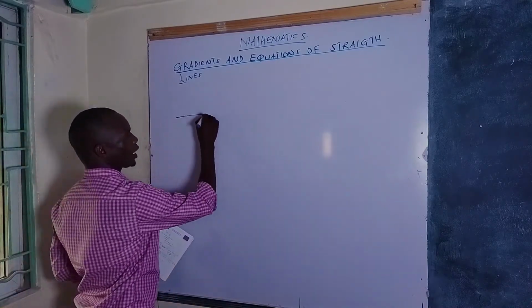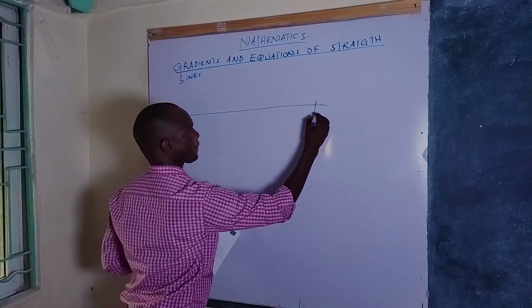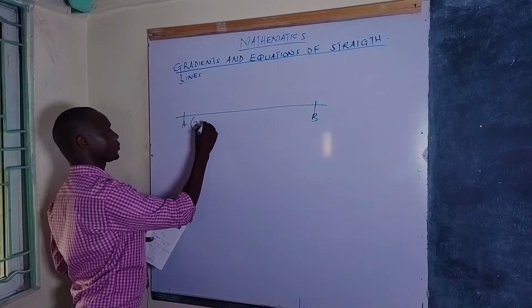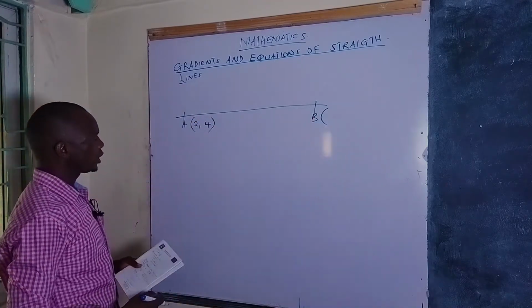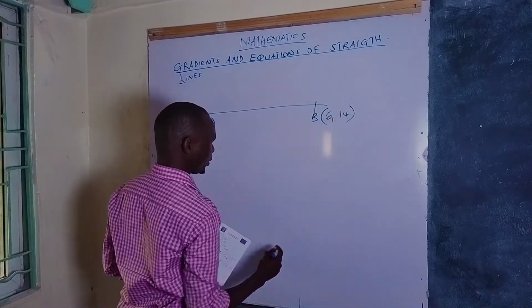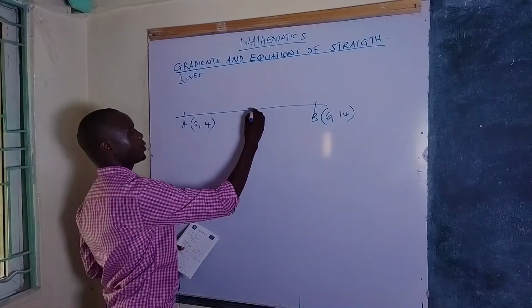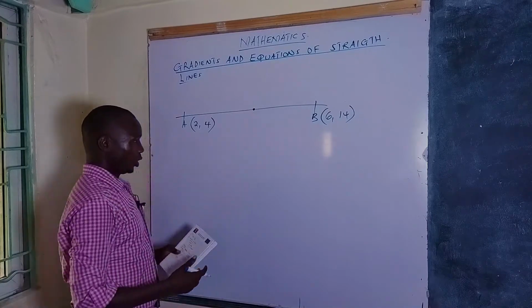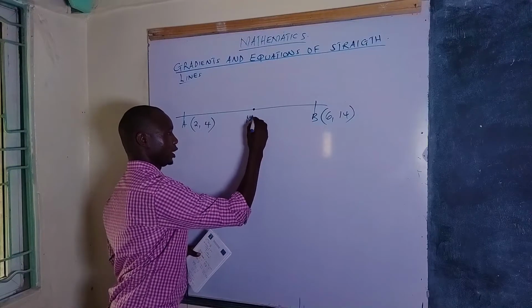Assuming we have a line AB, and AB goes through coordinates, for example, 2, 4, and it is going through point B, let's say, for example, 6, 14. And you want to find the midpoint. The midpoint is a point that divides that line into two equal parts, and let us call it M.